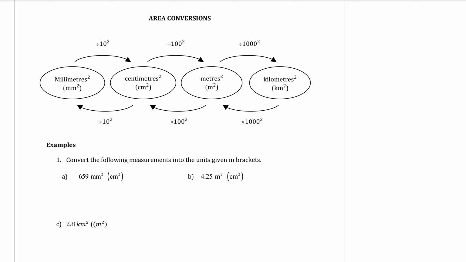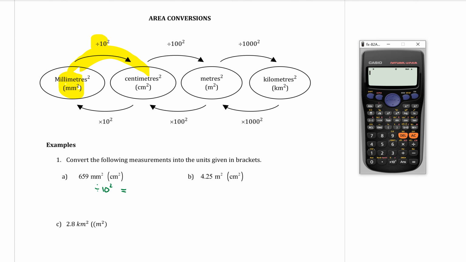To go from millimeters squared here to centimeters squared over here, I follow this arrow, which means I have to do what it says here, which is divide by 10 squared. So I write next to this, I'm going to divide by 10 squared, okay?